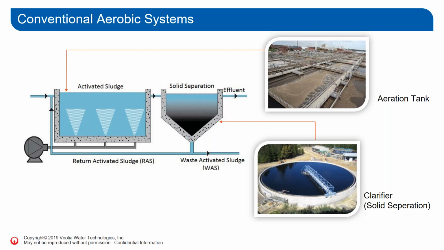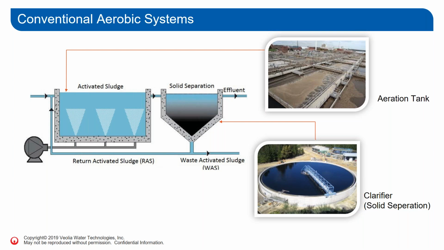What these technologies have in common is that the biomass you use will be in suspension freely in the water phase, and then you separate after the aeration basin and put back in a conventional activated sludge system.